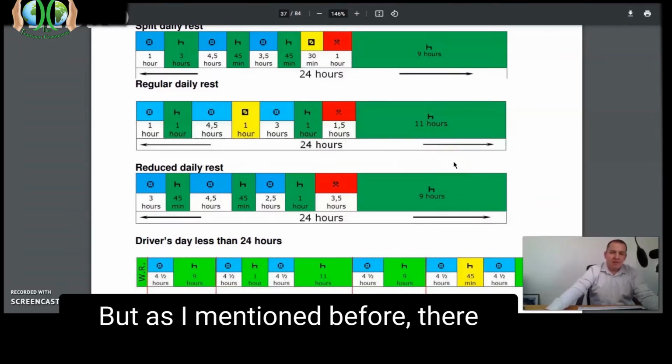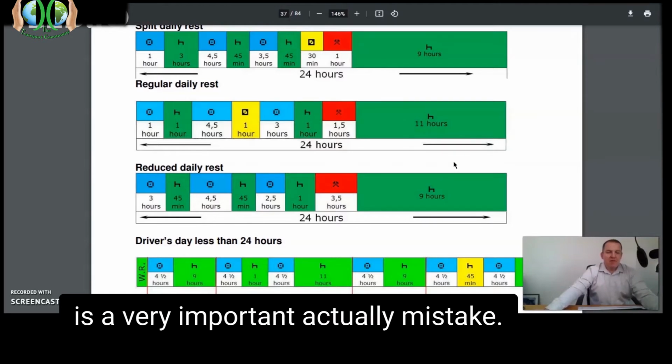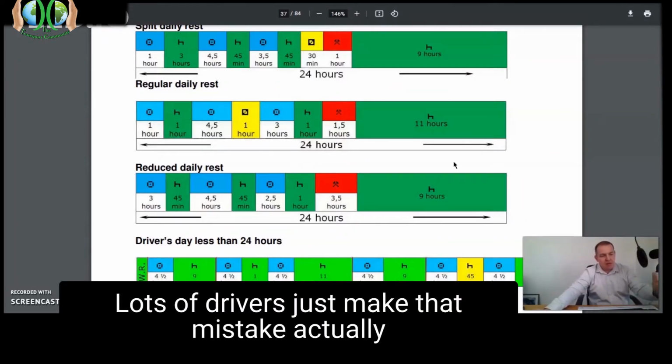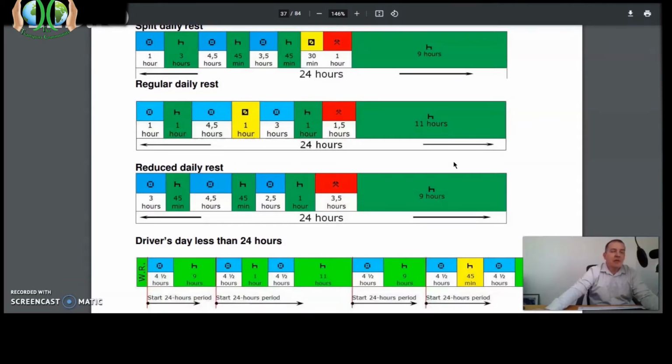But as I mentioned before, there is a very important mistake. Lots of drivers make that mistake.